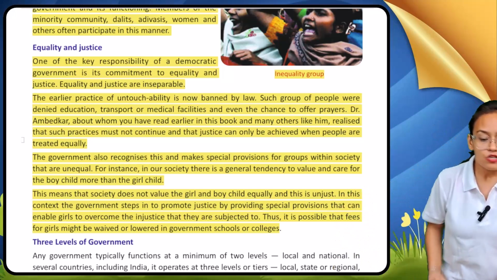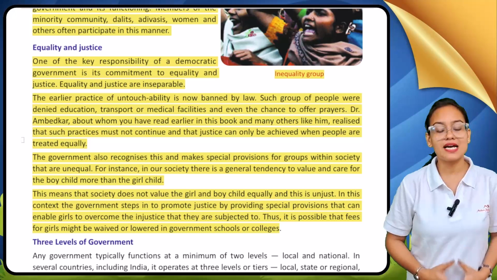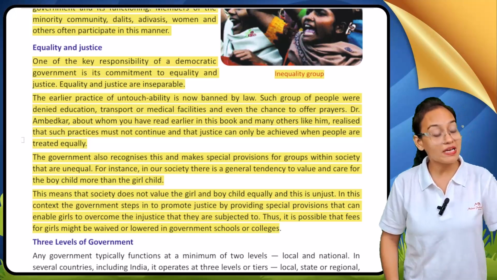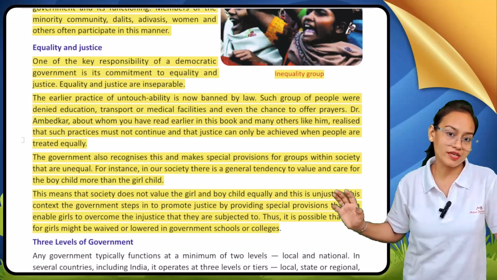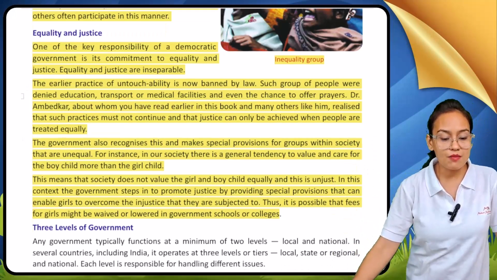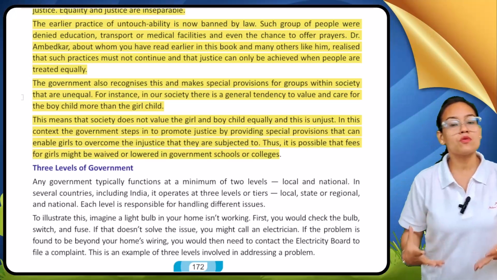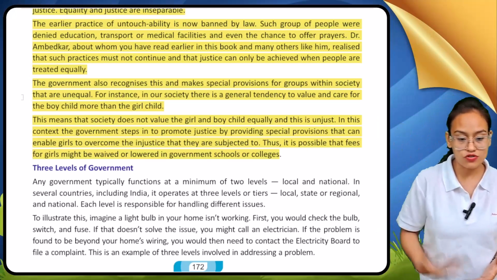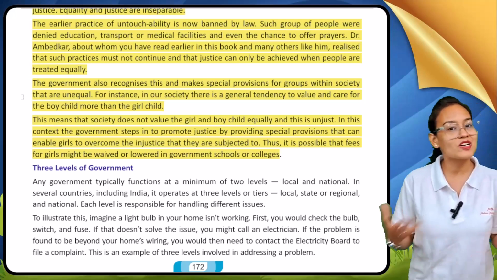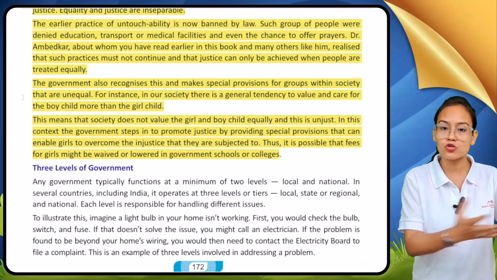So he realized that justice can only be served in India when people are treated equally. The government also recognizes this. So the government of that time immediately recognized this thought of Dr. Ambedkar, and they made a special provision for the people who belong to those groups.